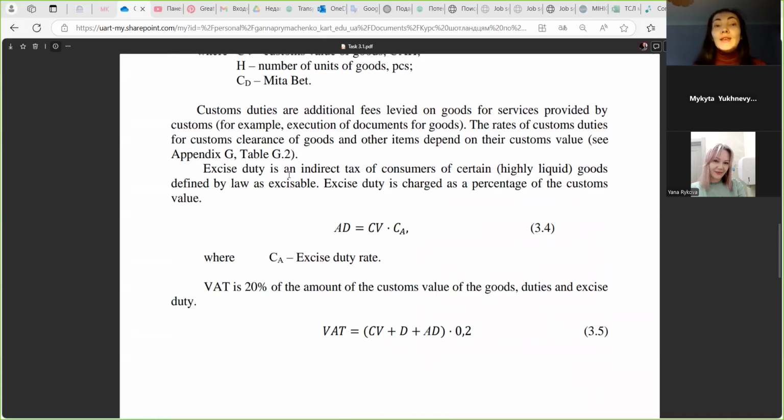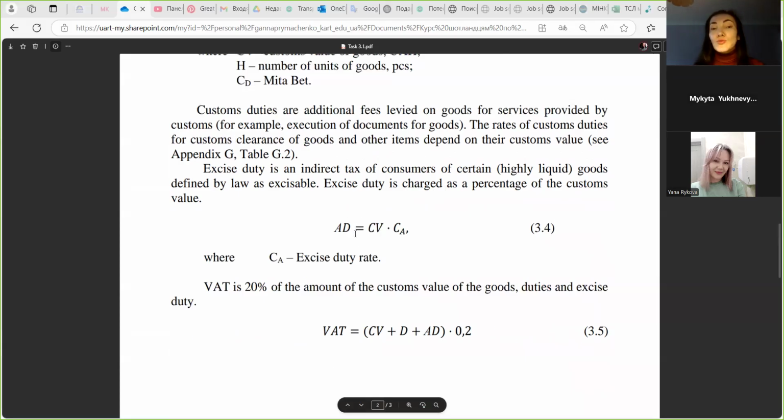Excise duty is an indirect tax of customers of certain high liquid goods defined by law as excisable. Excise duty is charged as a percentage of customs value. So we could write now that AG, it is excise duty, but we use this configuration, it is not very important.